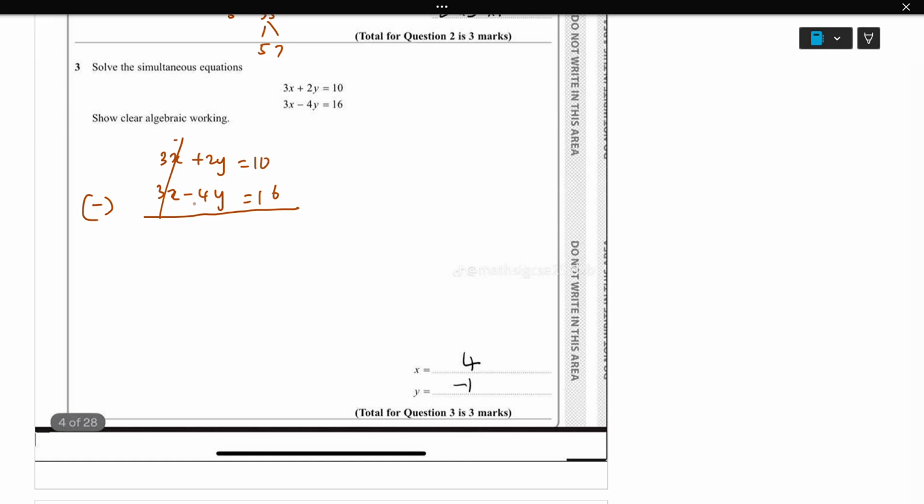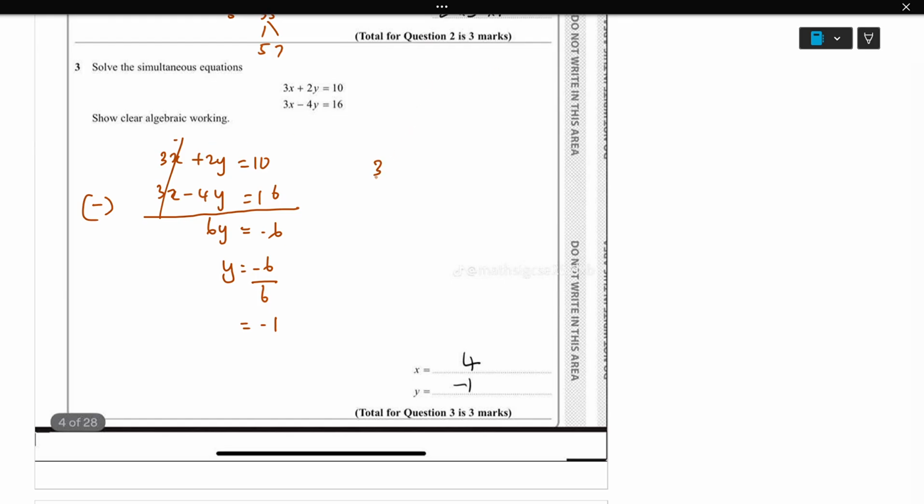Then for the y terms, with subtraction the sign changes. So 2 plus 4 is 6y equal to, 10 minus 16 is negative 6. So y equal to negative 6 over 6, which is negative 1. Next, substitute this value in the equation to get the x value.